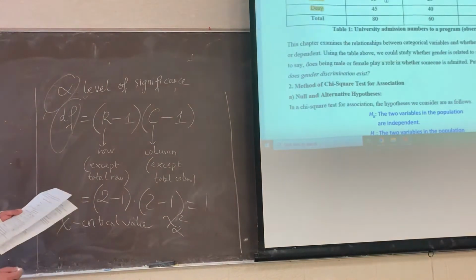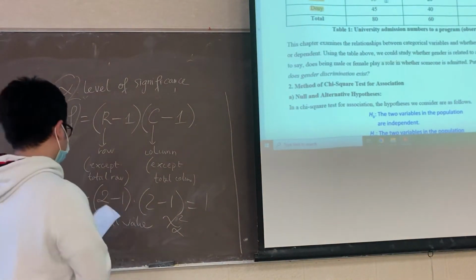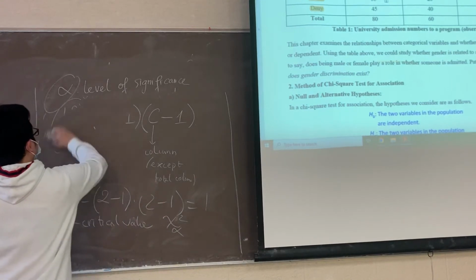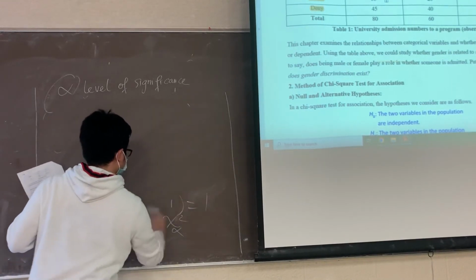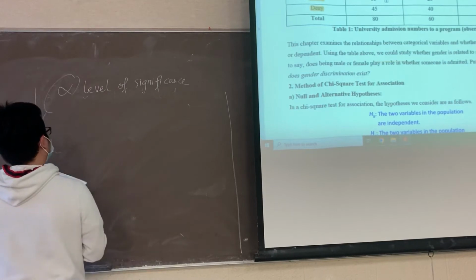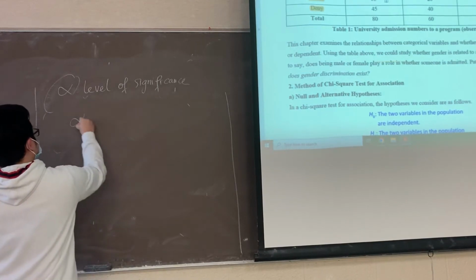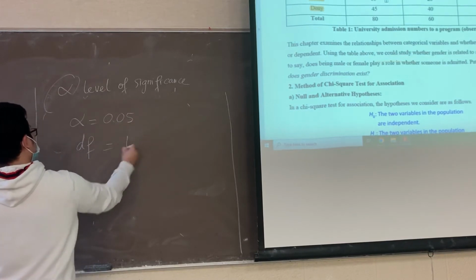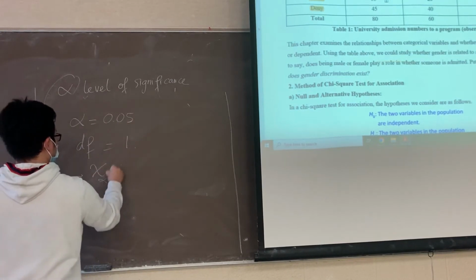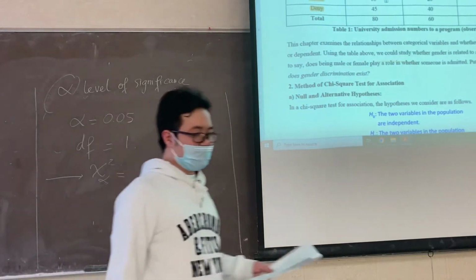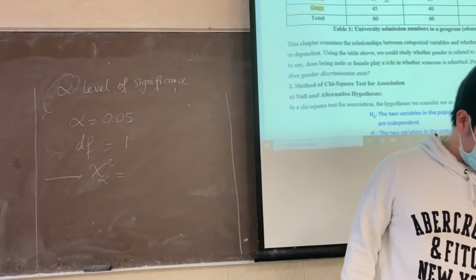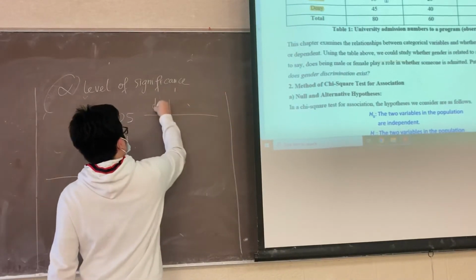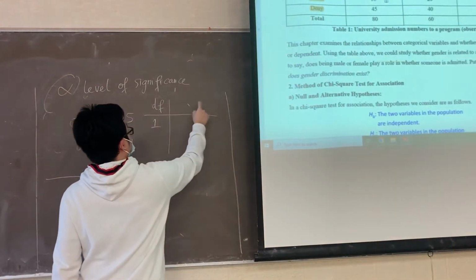I will show you again how to find the critical value. For example, I have alpha 0.05, and df here is 1. So we can find the critical value by using the table. You find the row df equal to 1 and the column alpha 0.05, and the intersection between them gives the critical value. Could you tell me, what is the critical value?